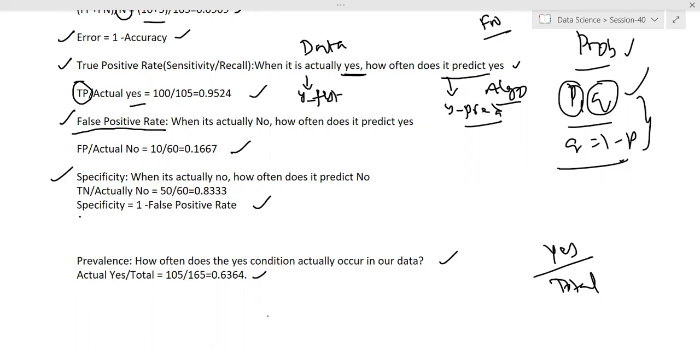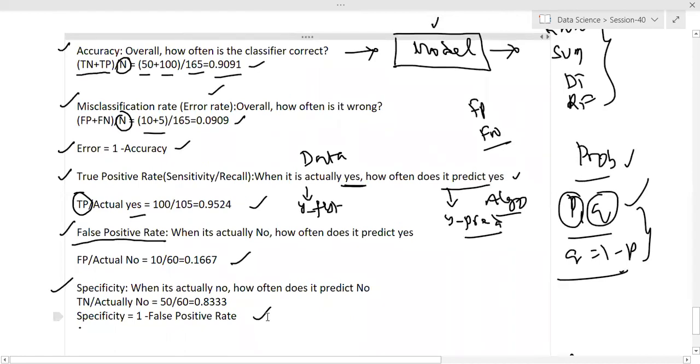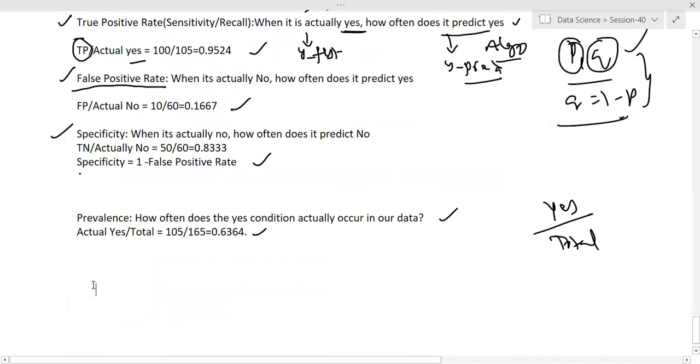In general, as data scientists in a team, we generally use the accuracy score and the true positive rate. These two are very helpful, and with the help of the confusion matrix and these measures, one can easily go through how our model is really doing.